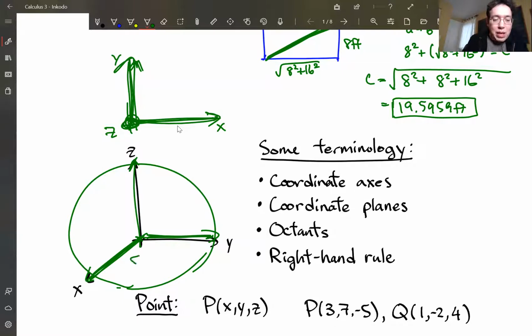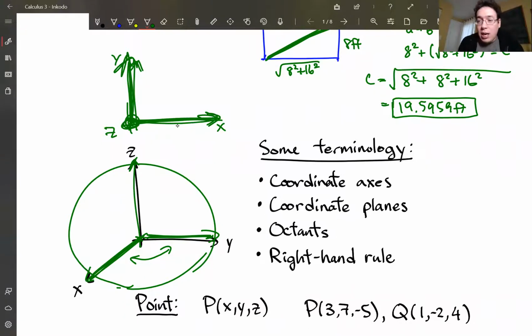If you have swapped x and y, you could still lay the axis x here and y here by rotating it the other way. But then the z-axis will be pointing downward into the screen. I hope you are able to imagine that. So there are two different directions that z could have gone.